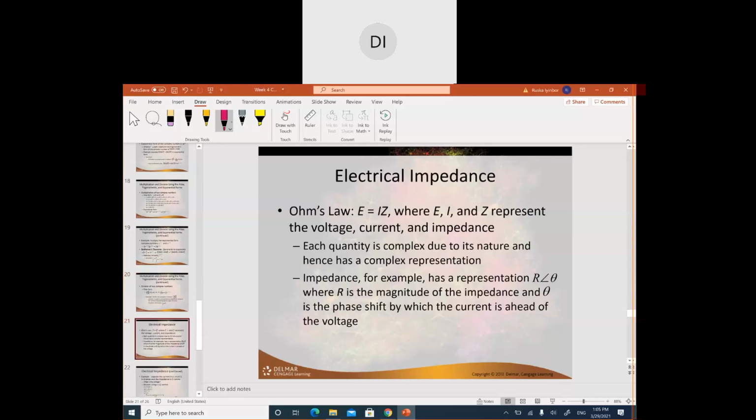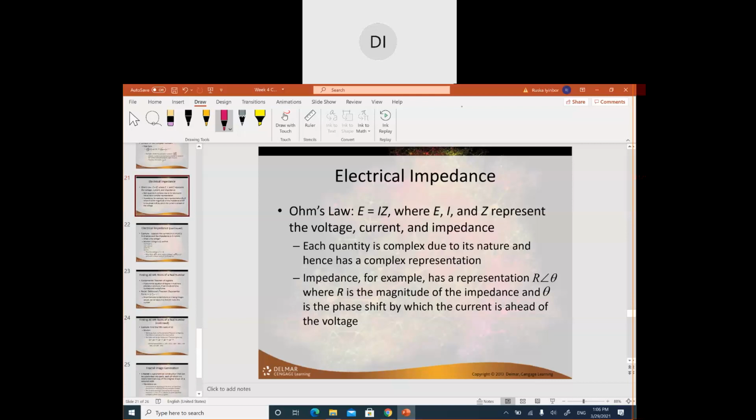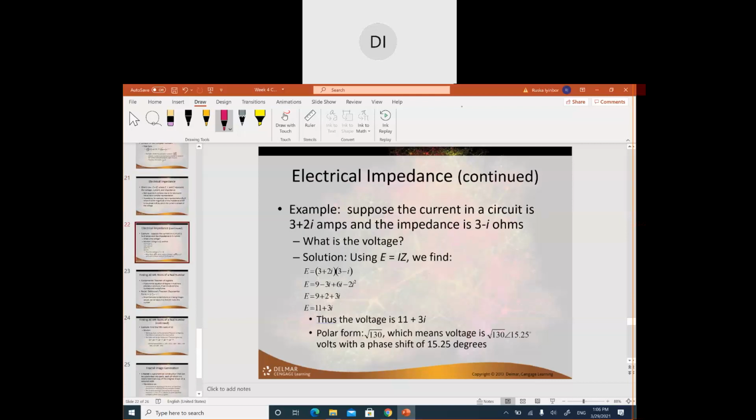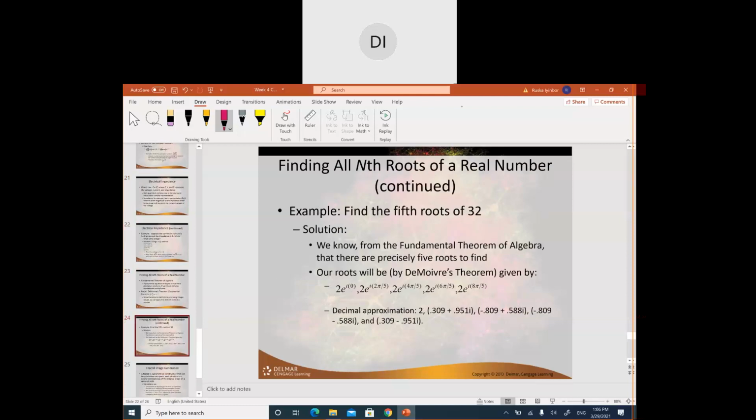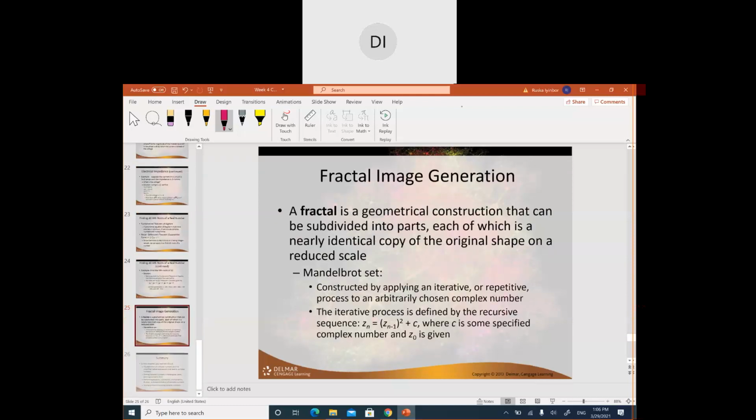And then one application of imaginary complex numbers is electrical impedance, when you use it in electrical impedance, using that, and when you multiply.